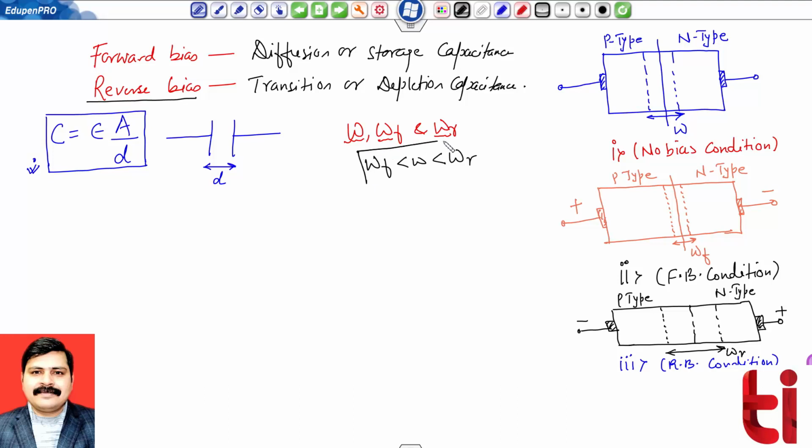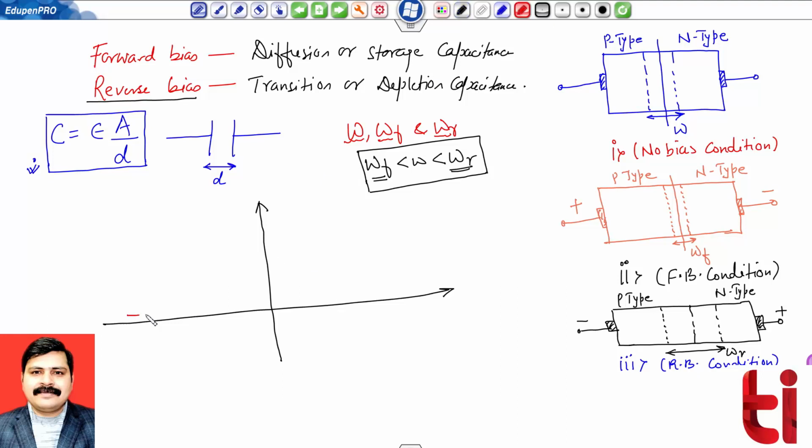When the diode is reverse biased, the depletion width increases. So among the three, omega r should be highest and omega f should be lowest. I want to simply show you the final curve for capacitance, this is the general curve.